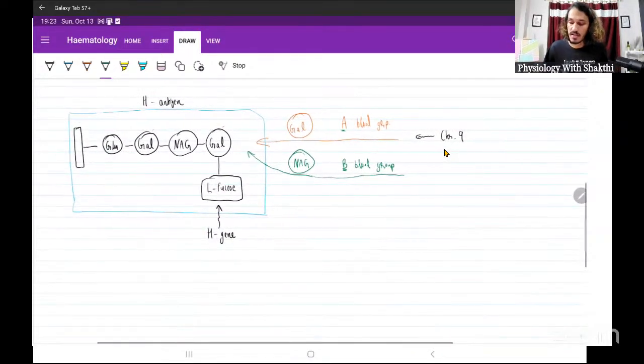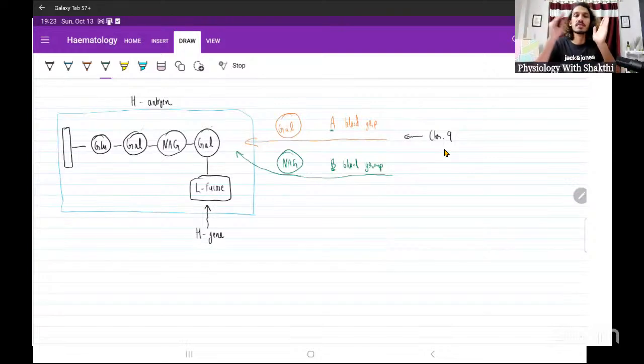How can you draw the A antigen? Glucose, galactose, N-acetyl galactosamine, galactose attached to L-fucose. To that you attach one more galactose. Attachment should come here, not here. That becomes an A antigen. Instead, if you add an N-acetyl galactosamine, that becomes a B blood group.